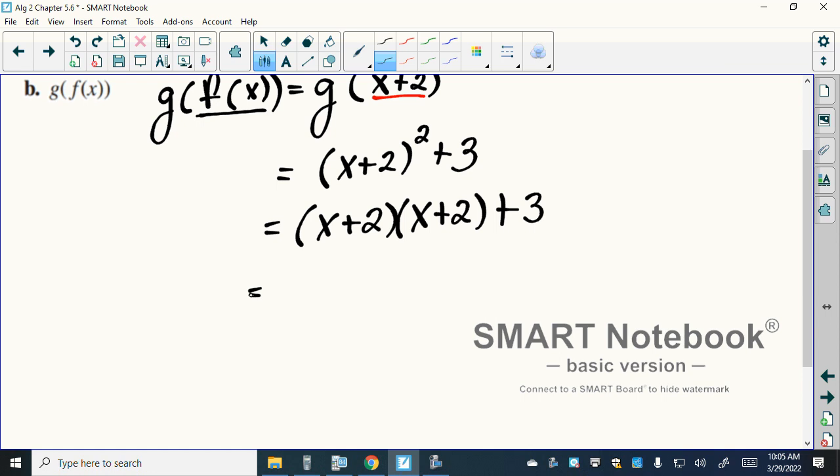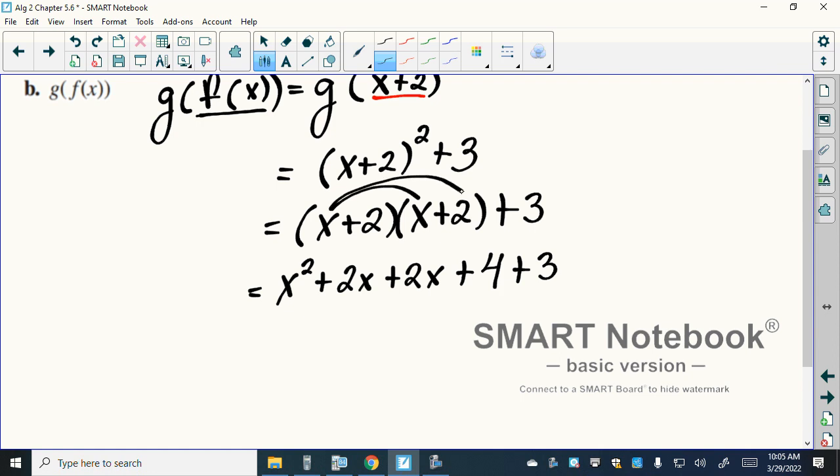And if we multiply this out, x times x is x squared. Then we'd have plus 2x plus 2x plus 4, because x times x gives us x squared, the x times 2 gives us our 2x, 2 times x is the other 2x, and 2 times 2 gives us our 4.